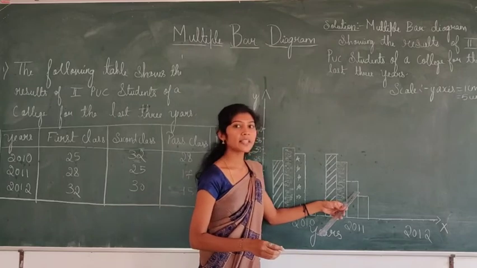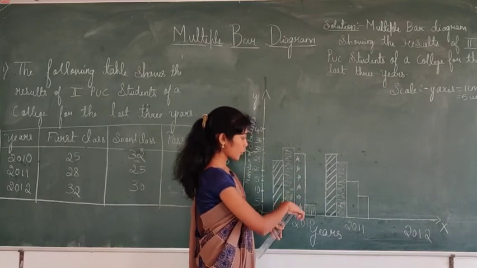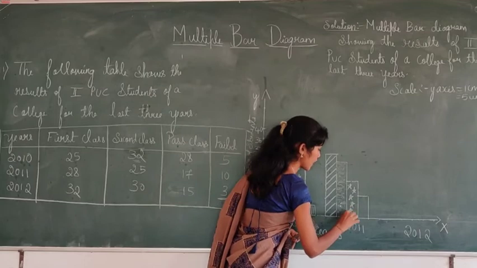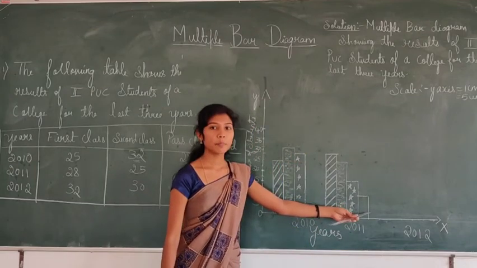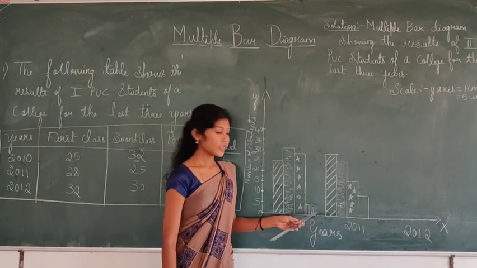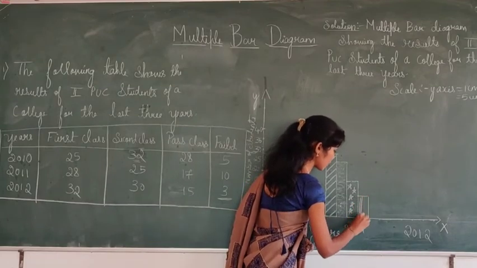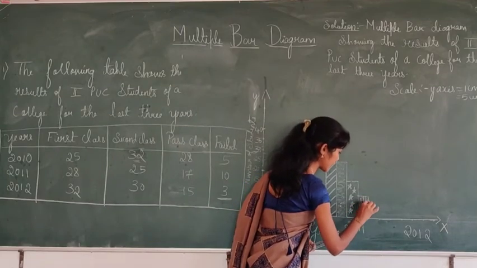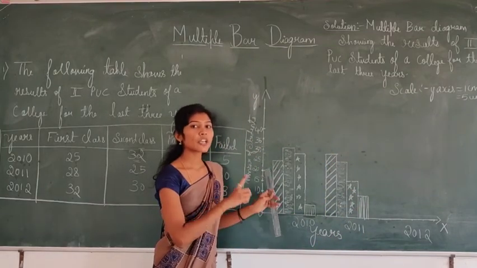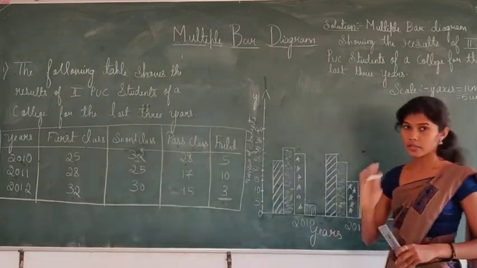The third bar represents the number of students who have secured pass class. Here you have drawn stars, and the same should be drawn here. The last bar represents the number of students who have failed. Here you have marked vertical lines, so even here you need to draw vertical lines. Clear? So this is the way you need to differentiate the bars using shades, crossings and colors.